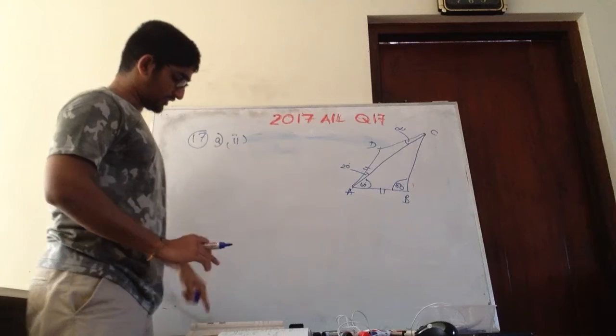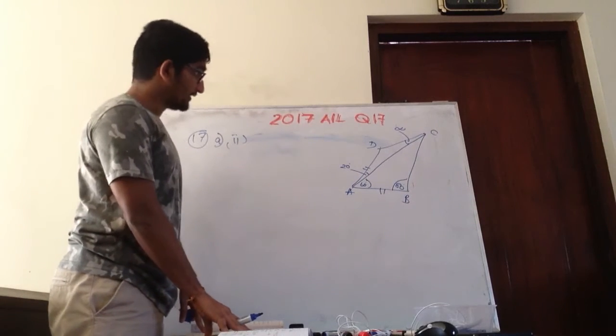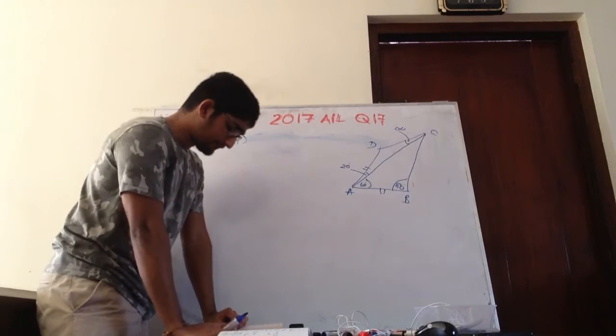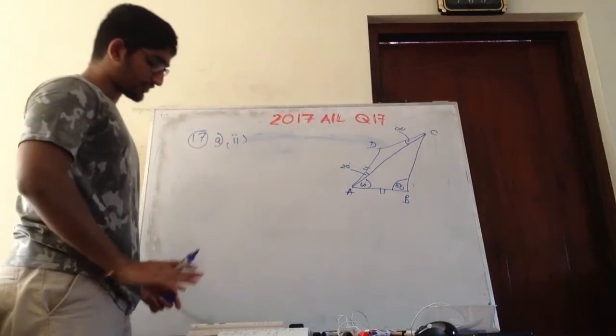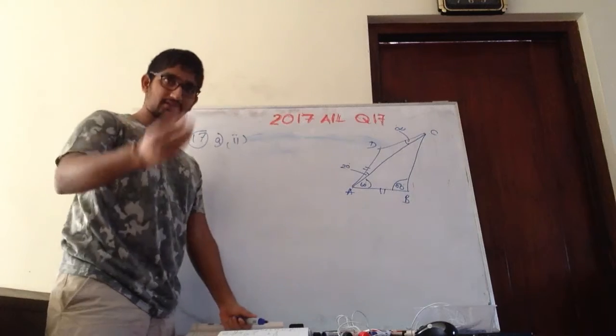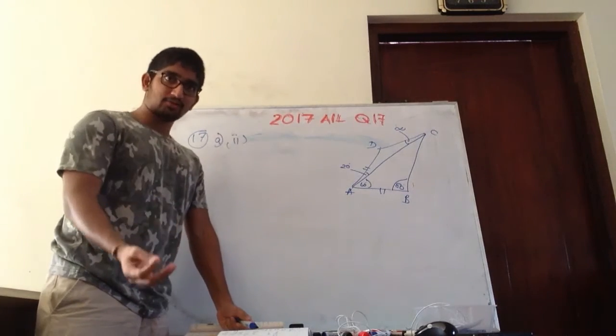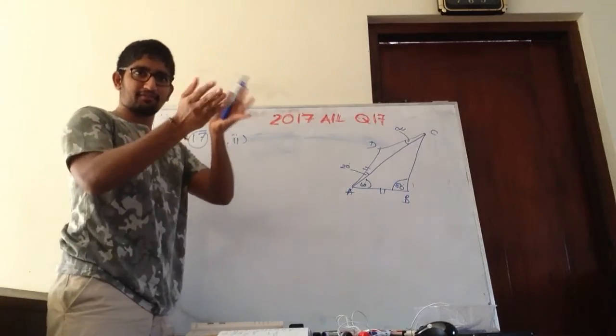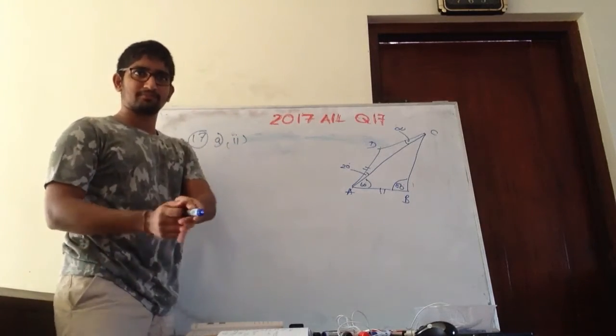Then they are saying let ACD be equal to alpha. So using the sine rule for the triangle ABC, they are specifically telling us to use the sine rule for the given triangle. Now they have clearly broken down the question.